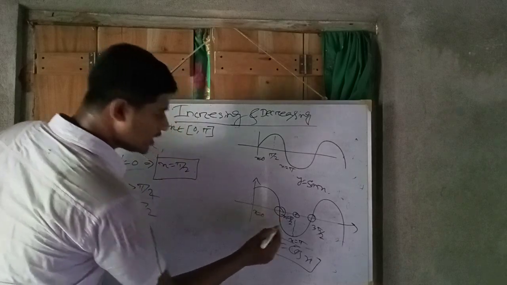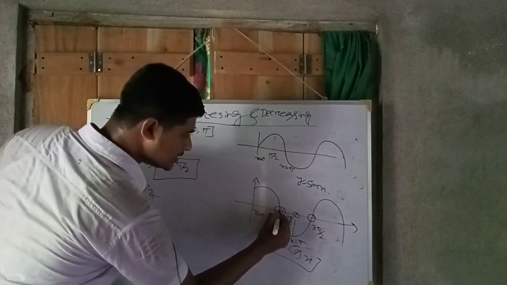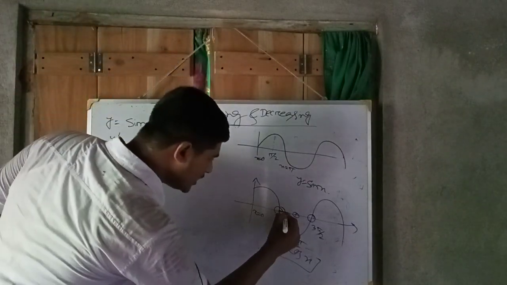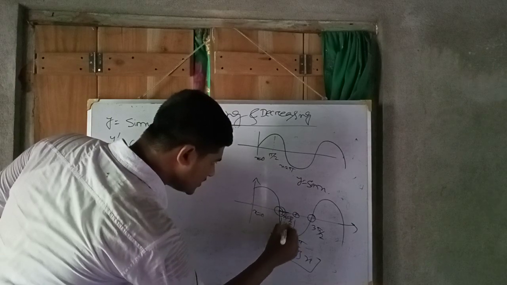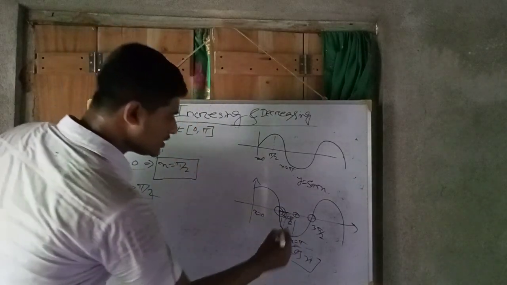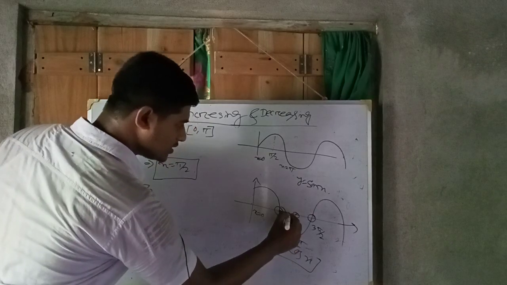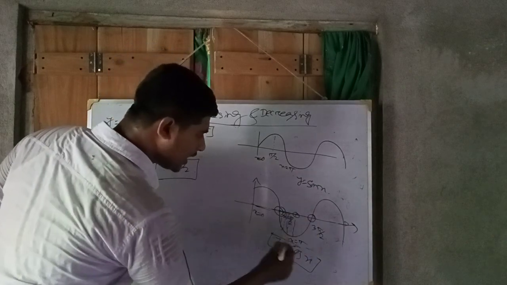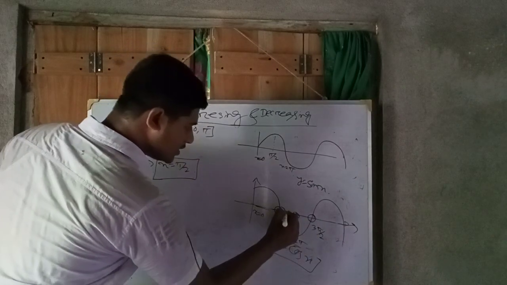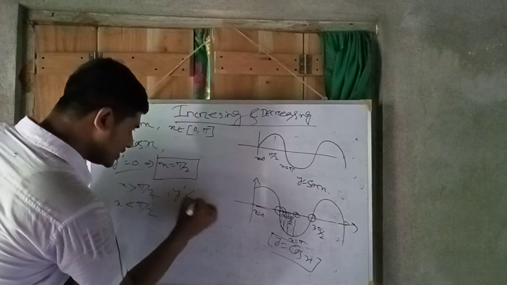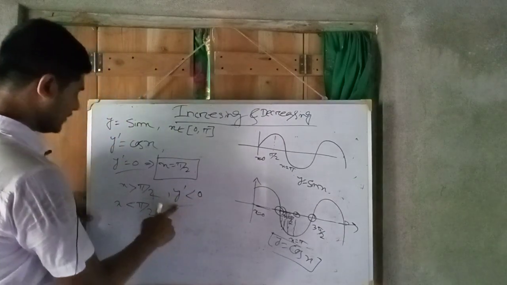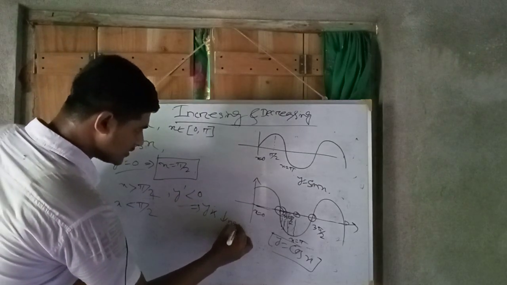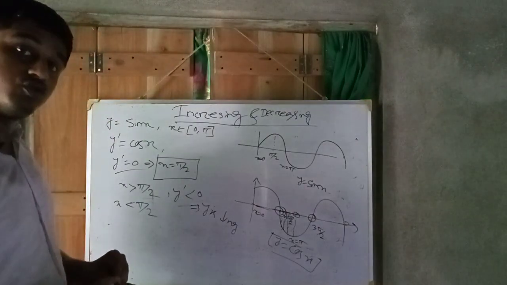When x is greater than pi by 2, that is in this portion, y dash is negative. So y dash is less than 0, which implies y is decreasing, from our theorem 2.